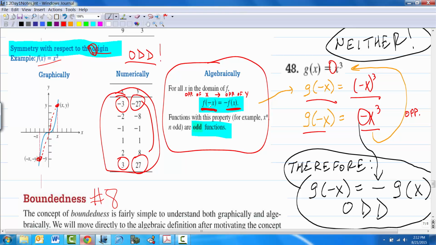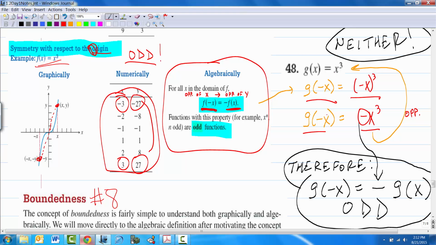The algebraic test is the same test as an even test, but the result is different. When you plug in a negative x for x, what you end up with is the exact opposite function that you started with. So that's the algebraic test. So how do I check that this boring x to the third, which is the classic example of an odd function, is odd?